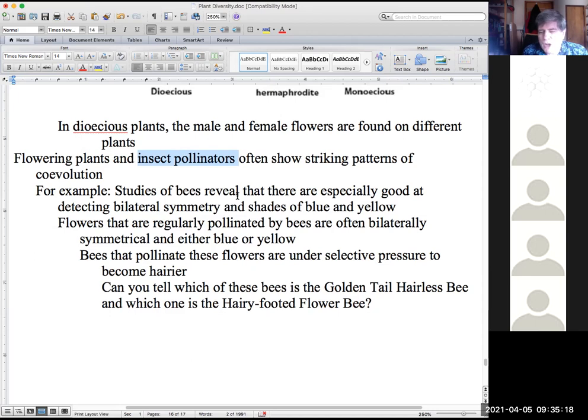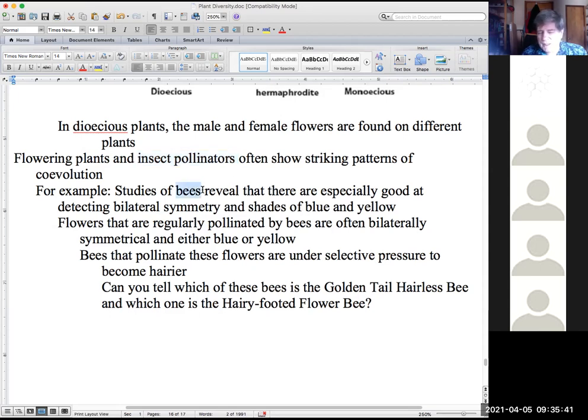Now, remember what we talked about with sexual selection or non-random mating, that males typically try to fertilize as many eggs as possible, whereas females are choosy about who fertilizes their eggs. So there are no plants that have flowers that resemble male bees trying to lure the females in.